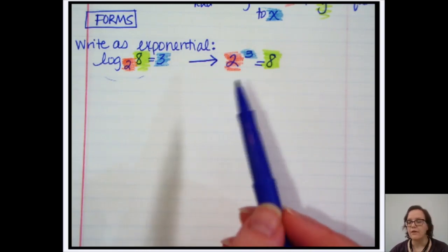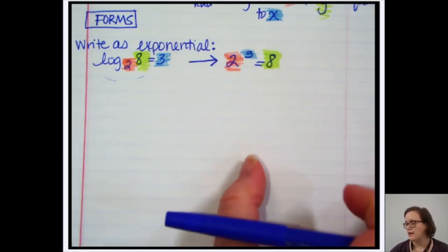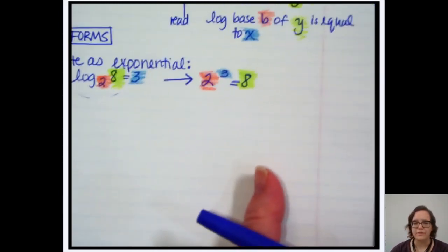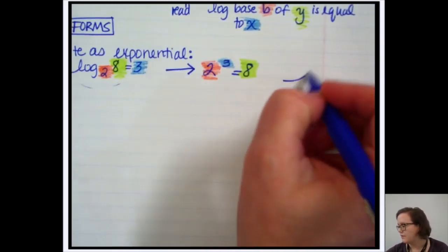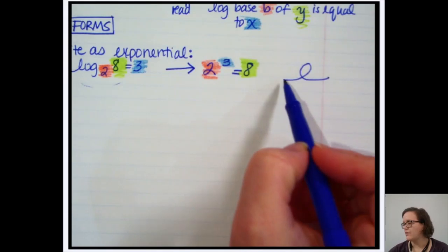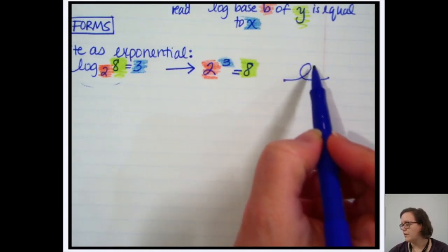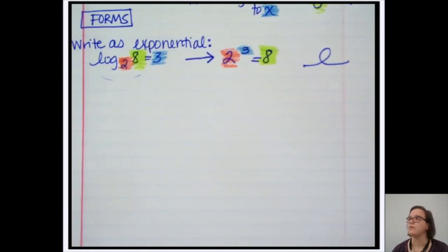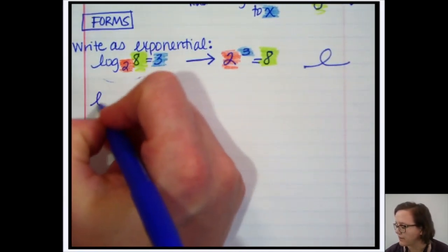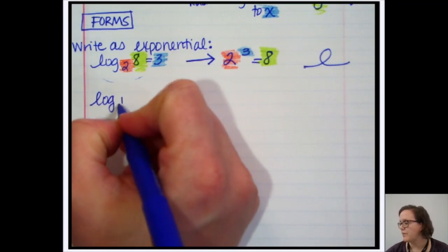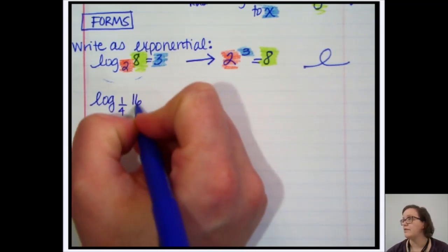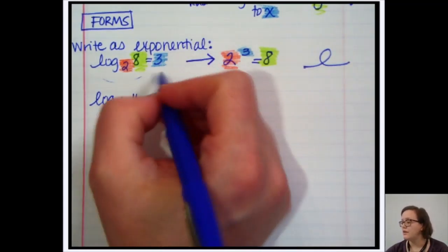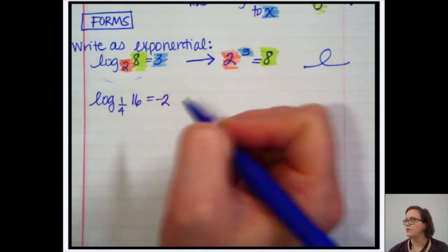Now some people have a little trick for remembering this. They do an e. So they start with the base, they go across the equals, and they hit that exponent, and they make an e. So we'll see what that looks like. What about log base 1/4 of 16 equals -2?